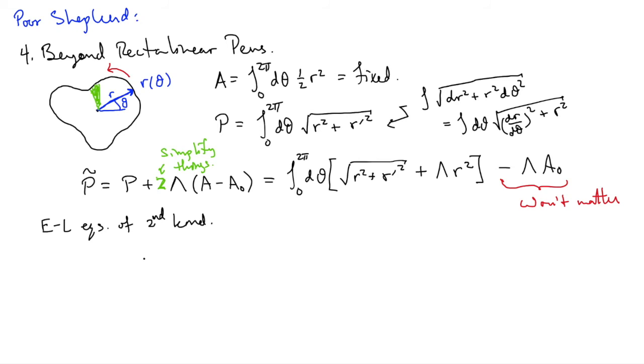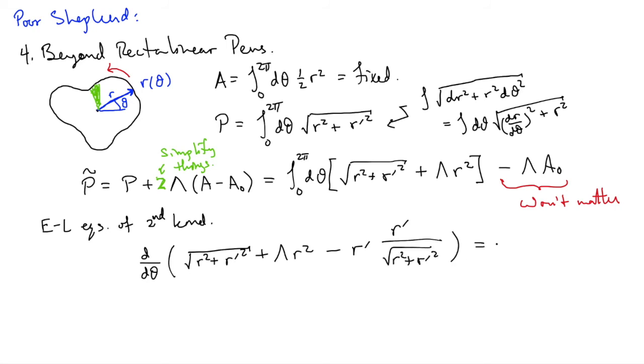That's going to look like d by d theta of square root r squared plus r prime squared plus lambda r squared, that's f, minus r prime times partial f partial r prime, divided by square root r squared plus r prime squared, equals 0.